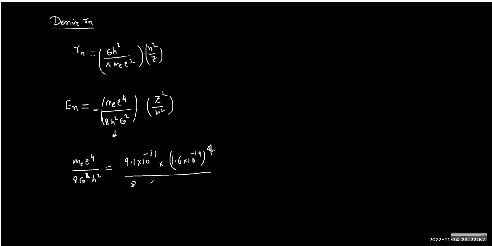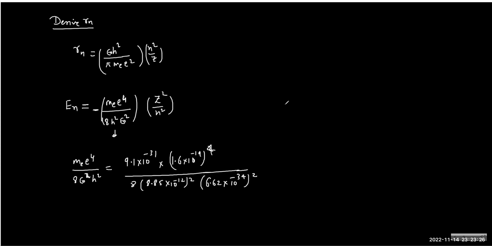What is epsilon naught? 8.85 into 10 raised to minus 12. And what is h? 6.62 into 10 raised to minus 34 joule second. Now these values are also very important. That's why I'm forcing you to write. When you do actual calculation, you need to know all these values. It may be given, it may not be given.